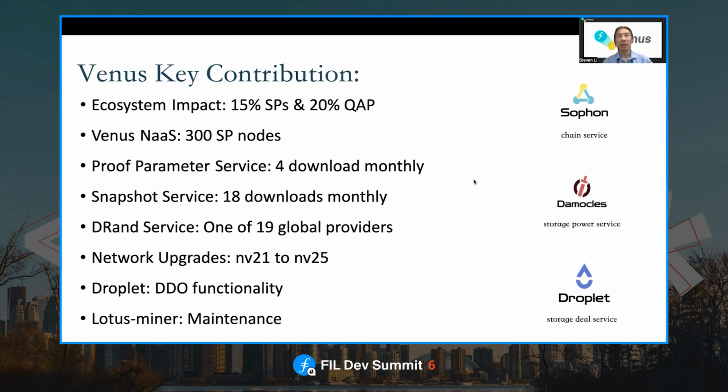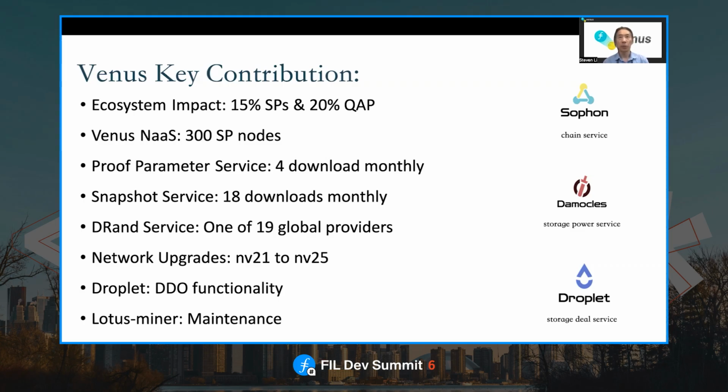Besides that, Venus has some other businesses, for example, the Venus Hub as an ecosystem supporter based on Venus, and also the Venus SP Stack. Firstly, I want to introduce the Venus Hub's contribution last year.